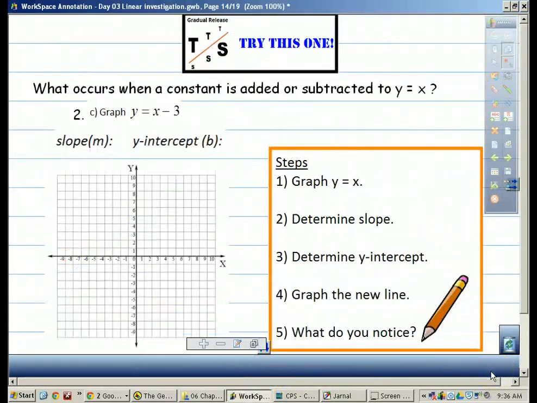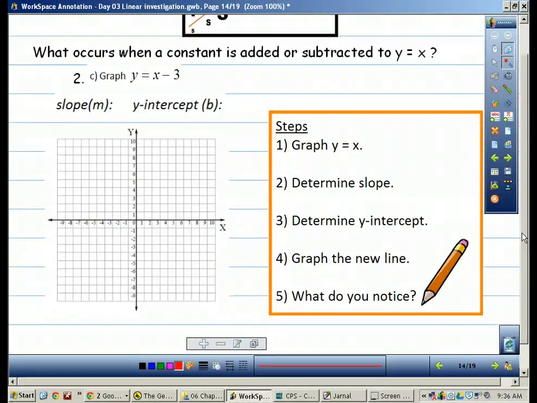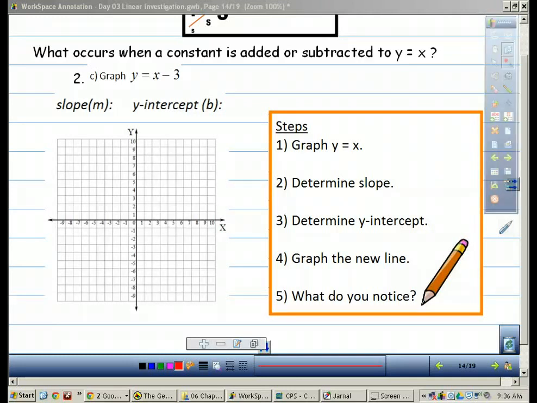Alright, so you guys are going to work on this. When you're graphing, here's the tough thing: when you see x minus 3, you have to think y equals x, and then moving it down 3. I don't want you plugging in numbers and saying, look, I got the graph right.